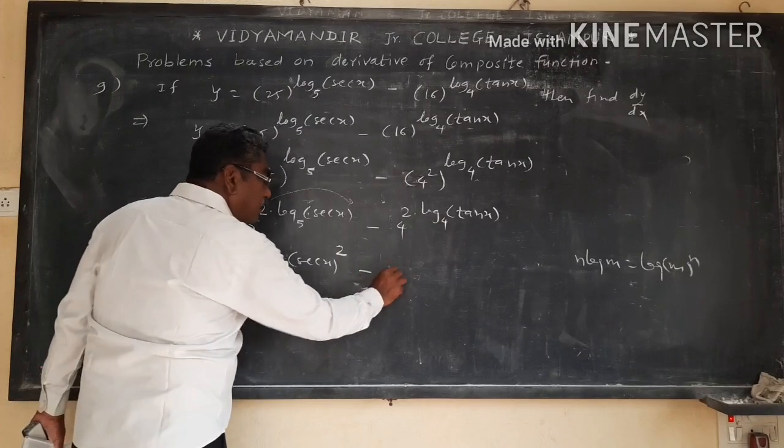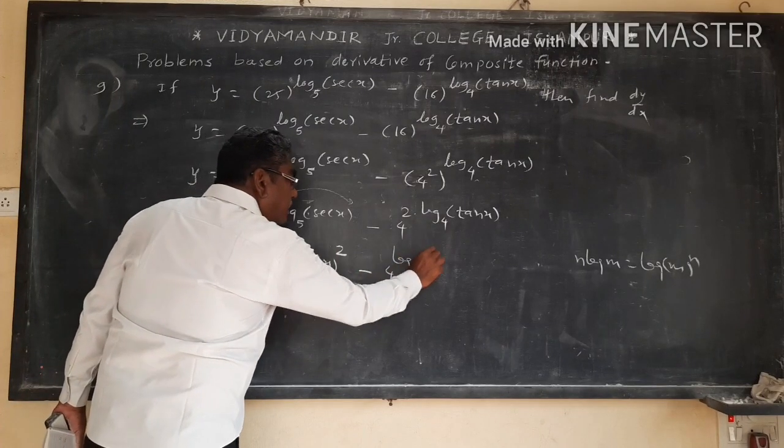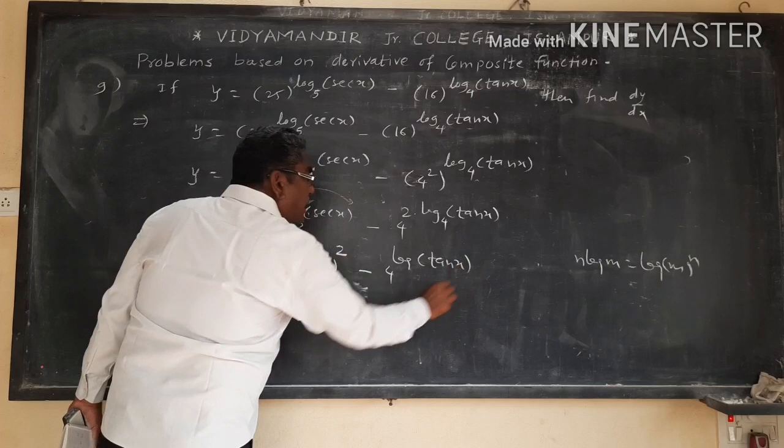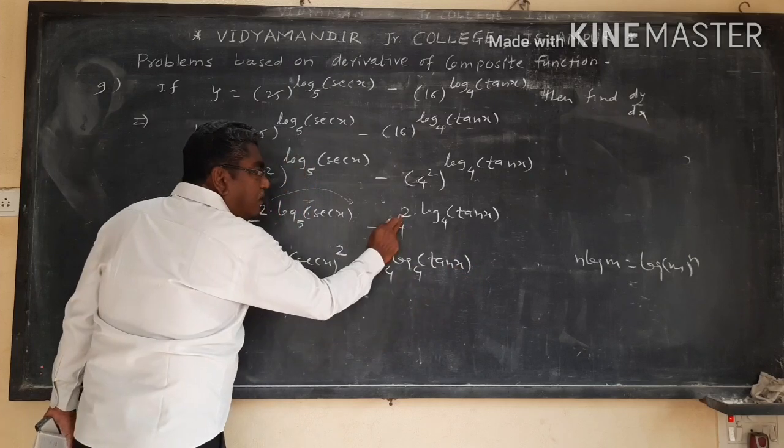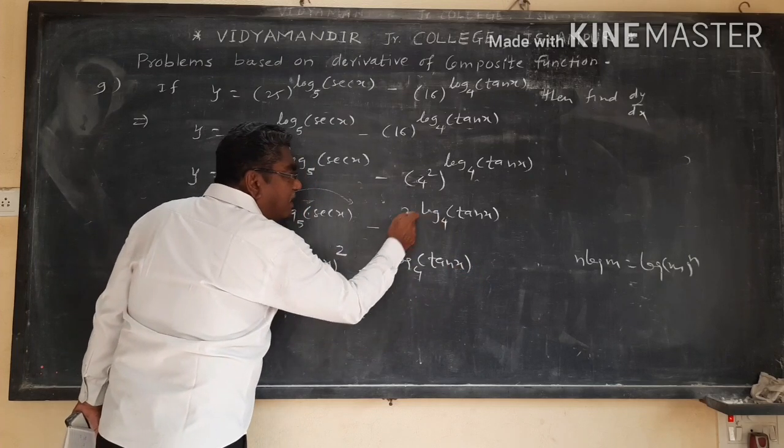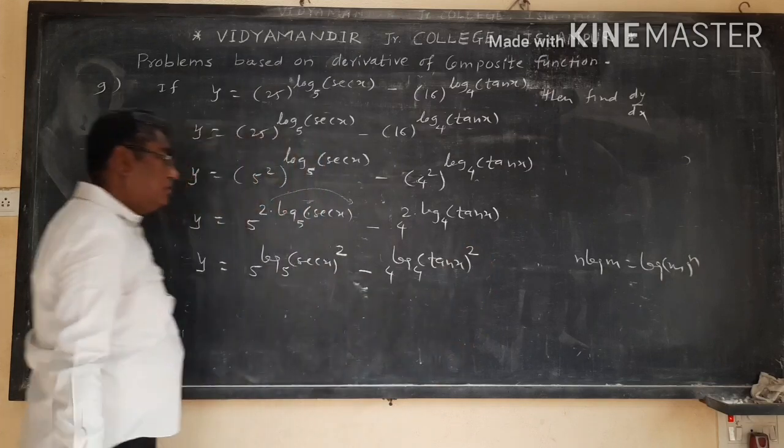Similarly, 4 raised to log tan x square to the base 4.